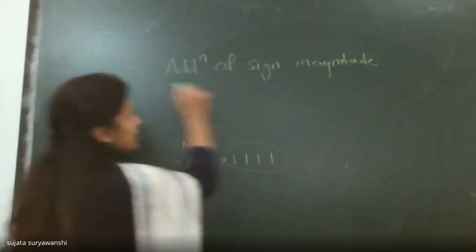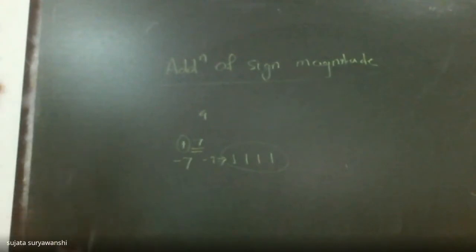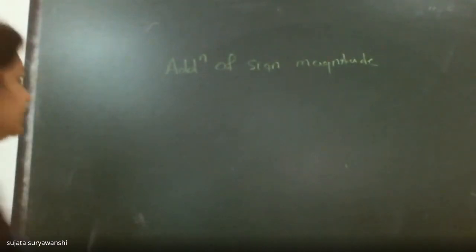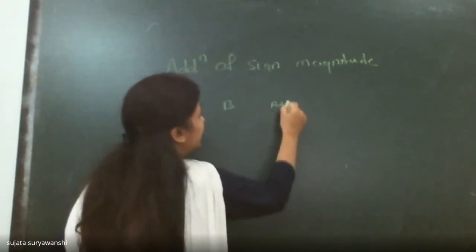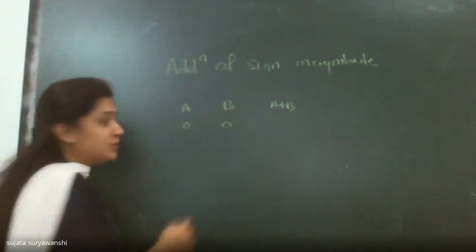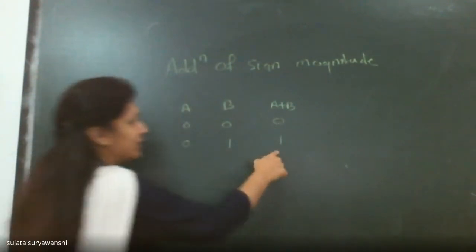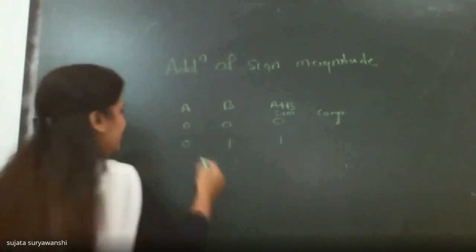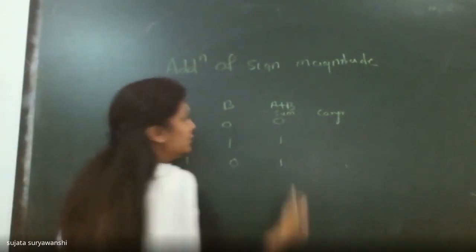Here we'll see the next point, that is addition of sign magnitude. Before this, you should know the arithmetic operations, the rules of addition and subtraction. Suppose 2 bits are there, A and B, and your output is A plus B. By the rules of arithmetic, if A and B are both 0, then 0 plus 0 is 0. 0 plus 1 is 1, so we get sum 1. Sometimes we get a carry. If A is 1 and B is 0, then also you get sum 1.